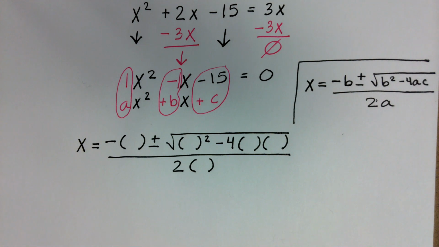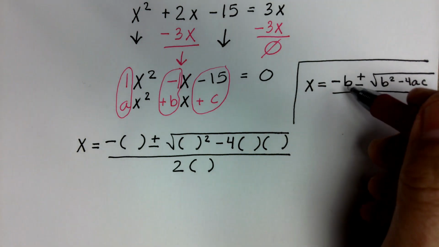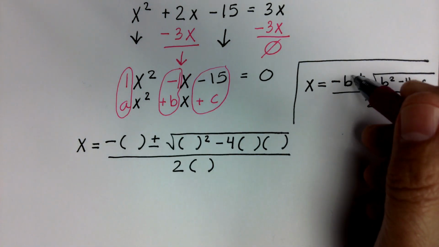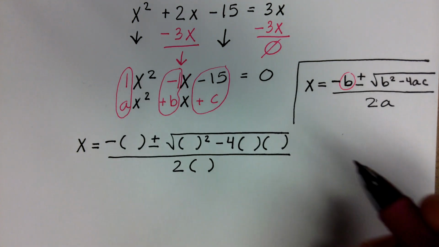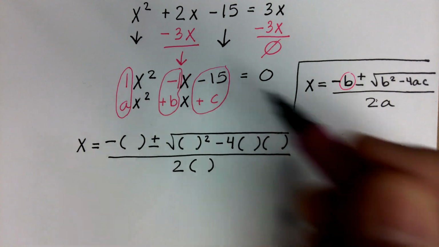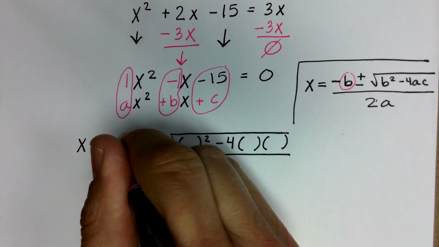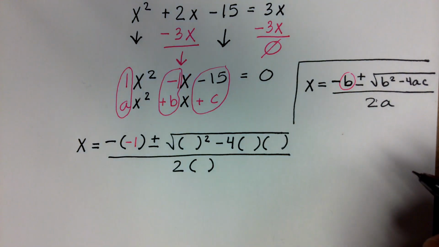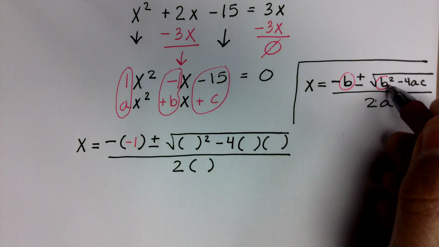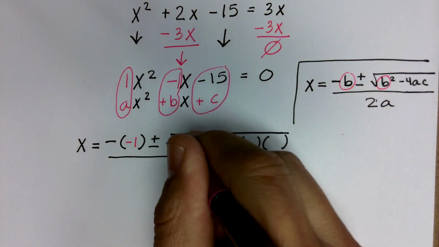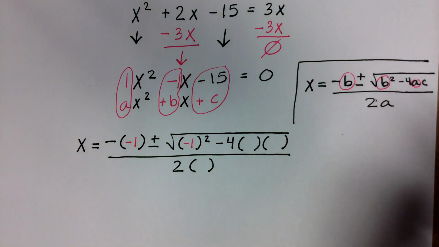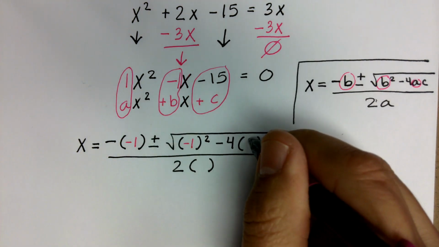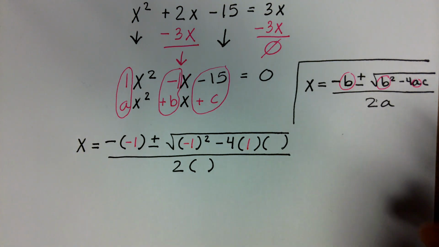Now I'm going to start filling in these numbers. First, in that first parenthesis, we want to put our b value. I have a negative 1 for my b value, so I'm going to place negative 1 in there. And then for our second b, we're going to take that same negative 1 value and put it in there. Then we're going to replace our a value, which is positive 1. So I'll put a 1 in the place of a.